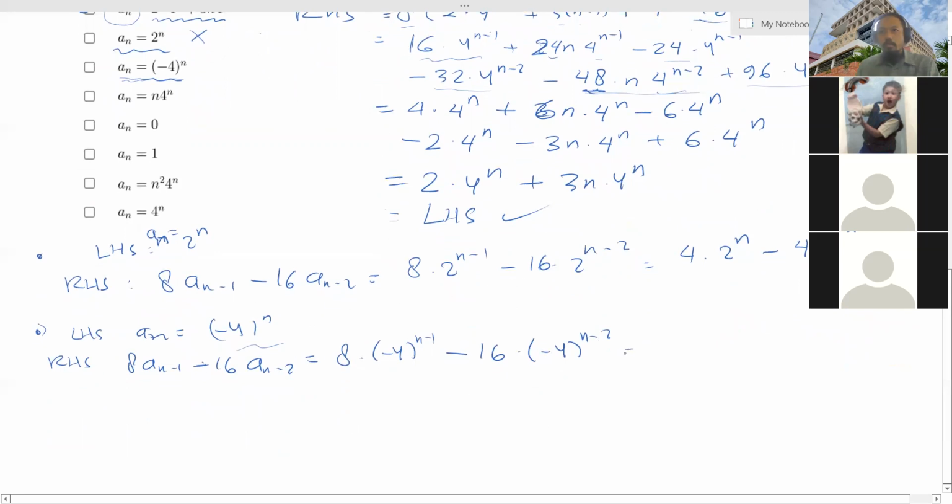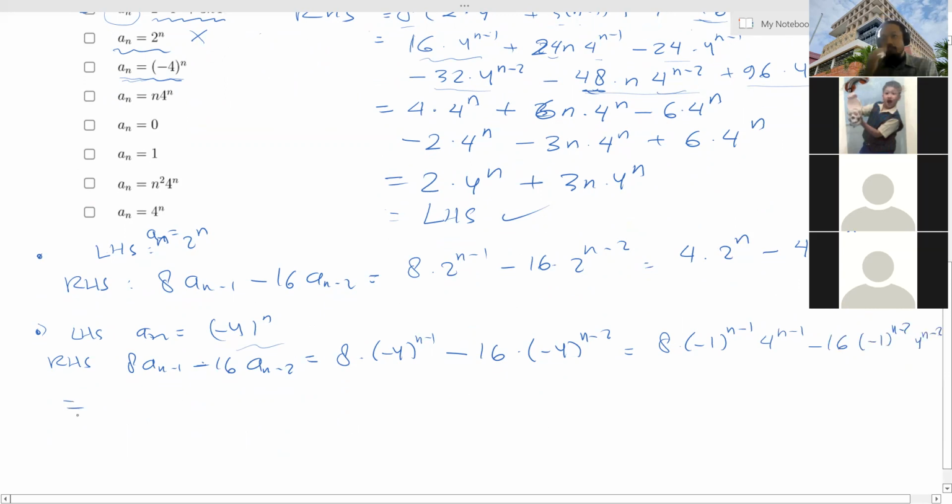Well, let's see. This is the same as 8 times minus 1 to the power of n minus 1 times 4 to the power of n minus 1, minus 16 times minus 1 to the power of n minus 2 times 4 to the power of n minus 2, right?